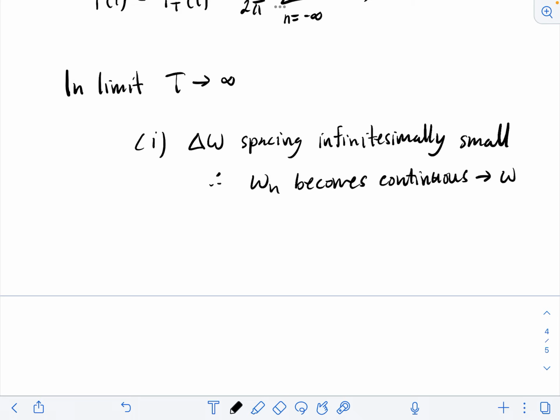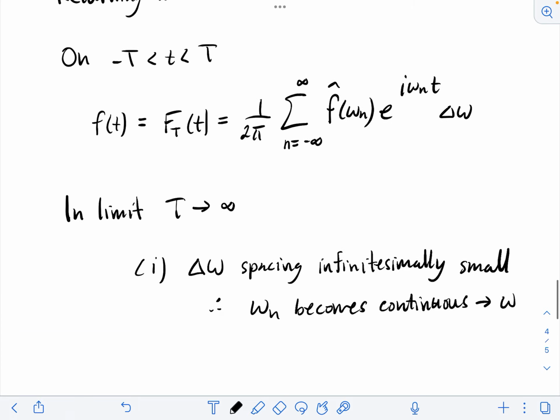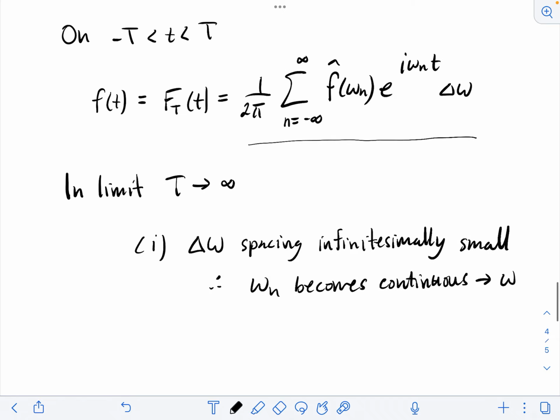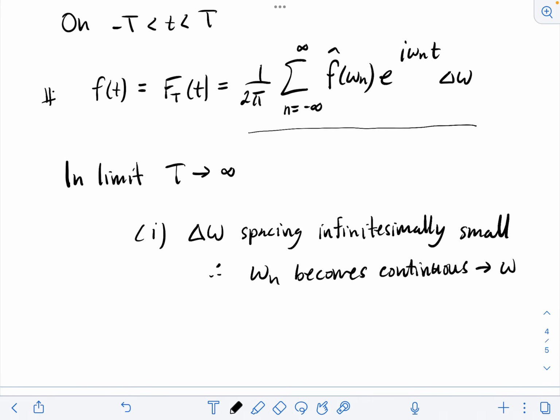And then if you look at this sum that we have, if the delta omega becomes infinitesimally small and omega n becomes a continuous variable, then this sum becomes an integral. Let's say this is number sign. And so the second important observation is that the sum in number sign becomes an integral.